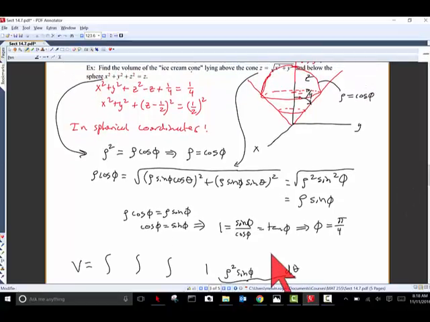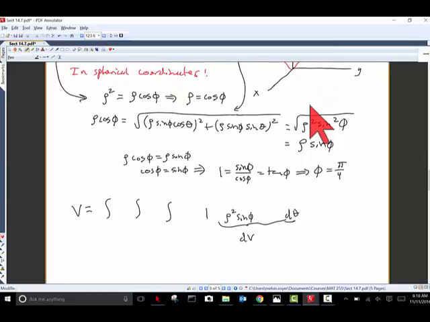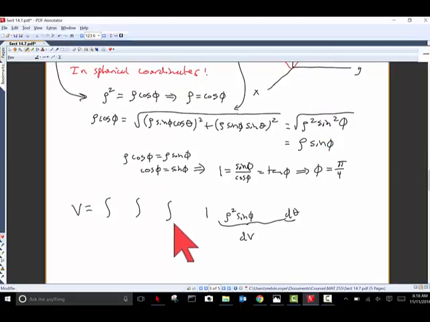Regarding rho and phi, it seems pretty clear that phi is going between phi equals 0, which is straight up, and phi equals pi over 4, which we went to some difficulty to work out.